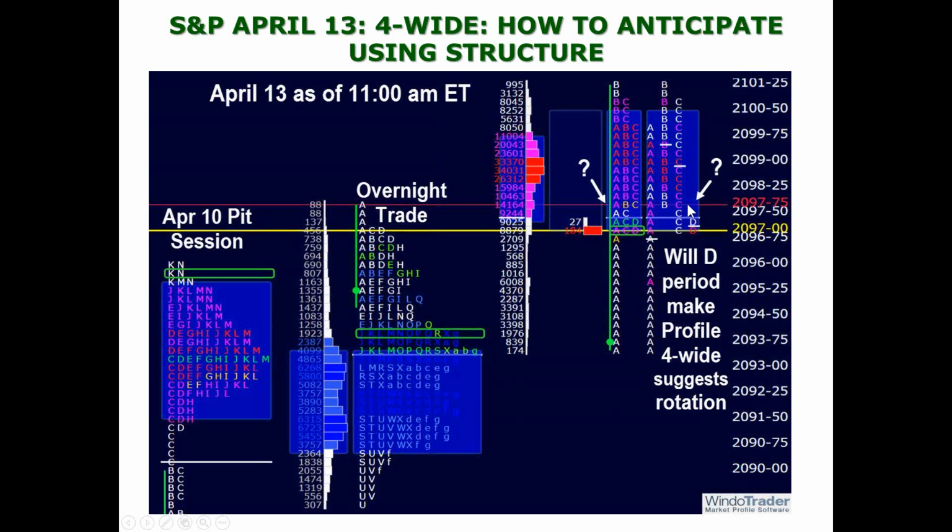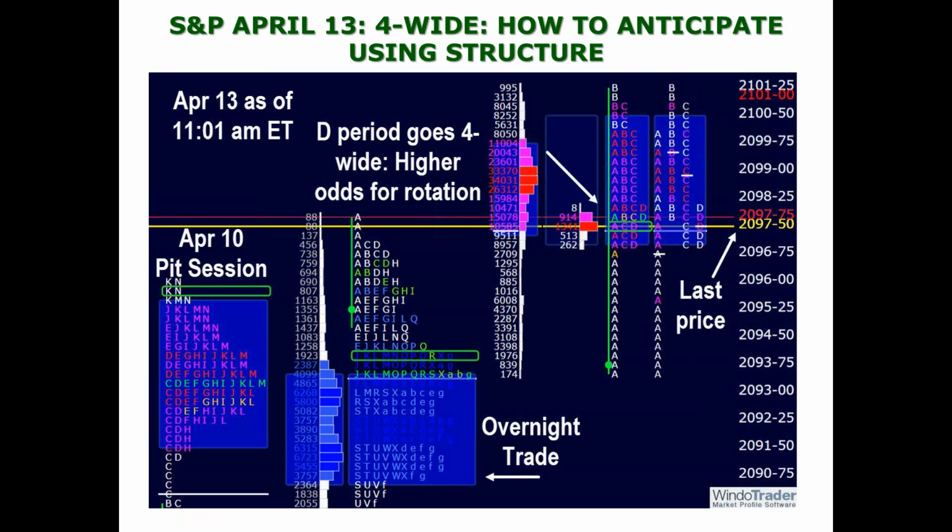If D period prints here, it's going to be very hard to get any elongation to the downside, at least initially. Well, D period does print at 2097.75. We did look below this overnight high, but again, we have exact matching lows in C period and D period, not particularly a sign of strength. So at this point in time, what I'm saying to this client is, more than likely, we're going to spend some time churning around in this area.